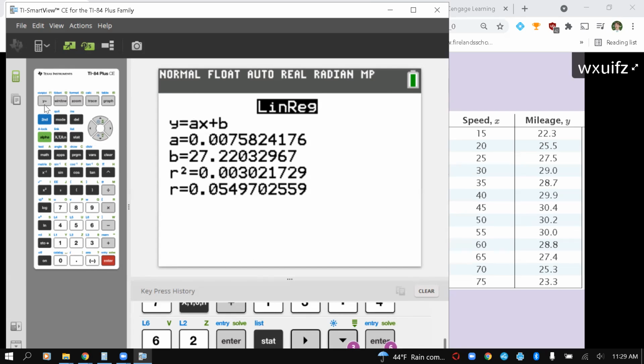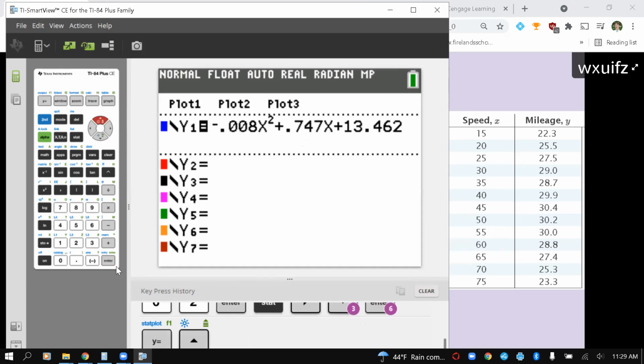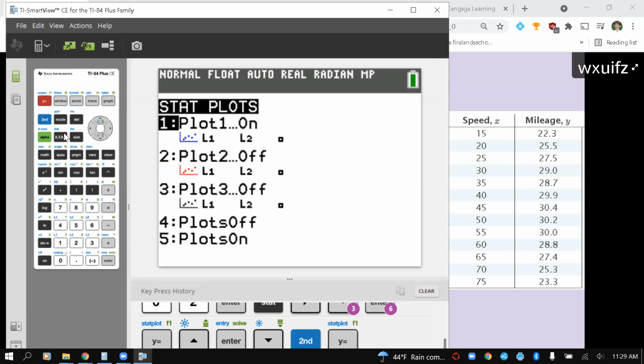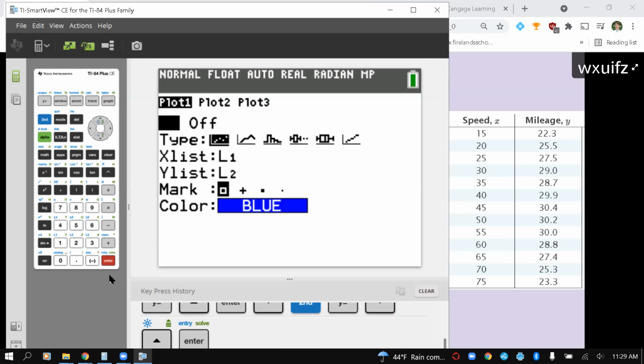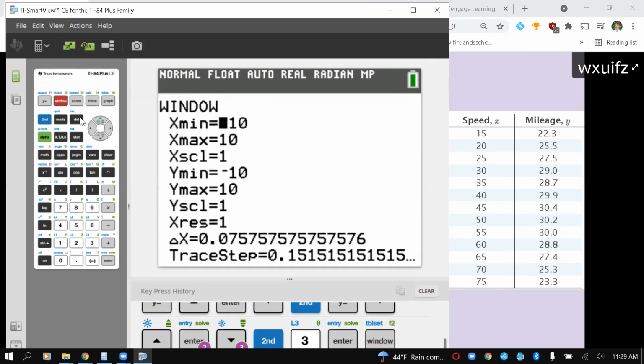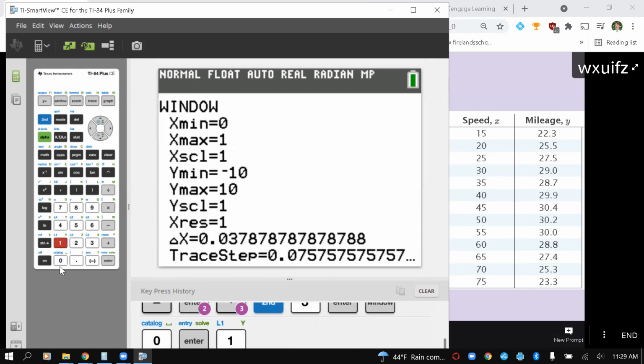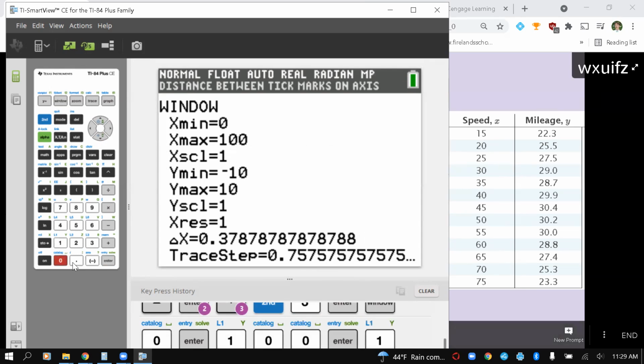All right, if we go back to your Plot 1 and hit enter, I'm going to have to reset mine because I told it to use List 3 for my Y value. List 3, okay. Then you're going to have to adjust the window. Let's do 0 to 100 for the X, counting by tens.